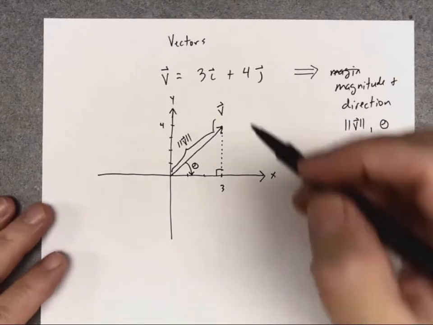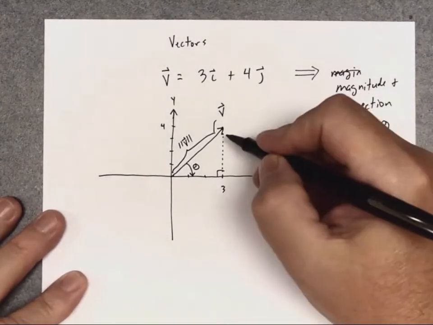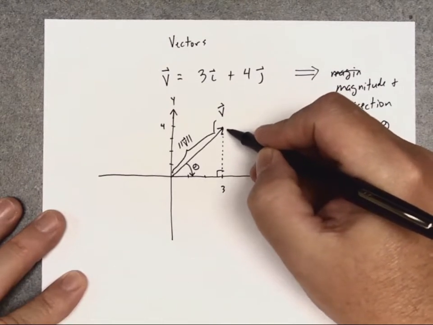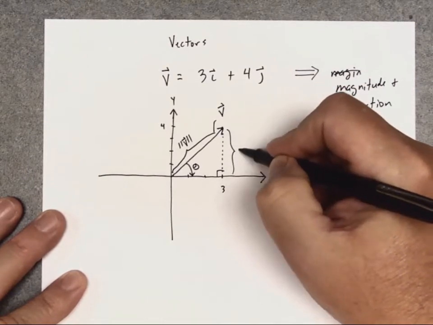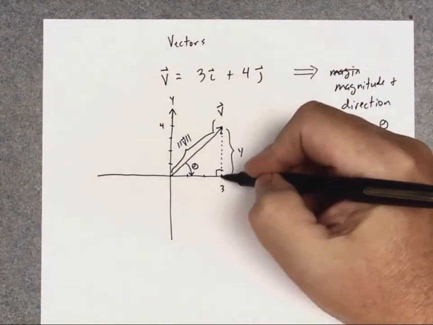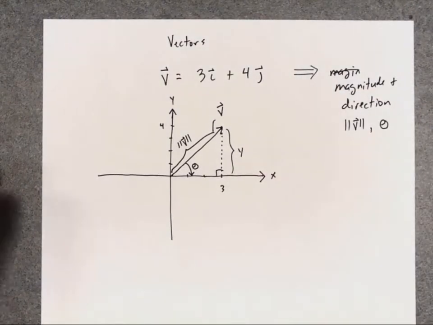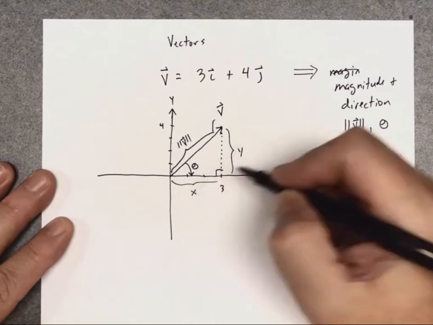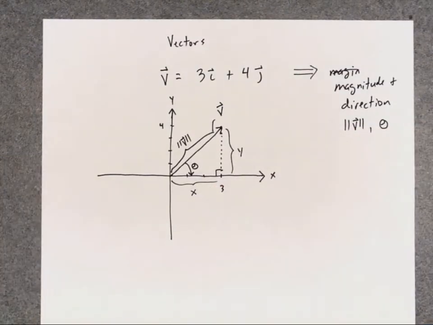Now, in a generic sense, anytime we have a vector drawn like this, this distance we can call y, right? This is the y distance of my vector, and obviously this is the x distance of my vector.